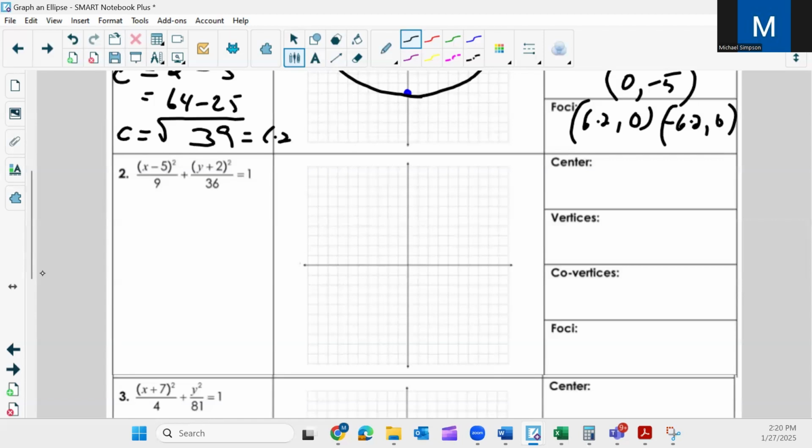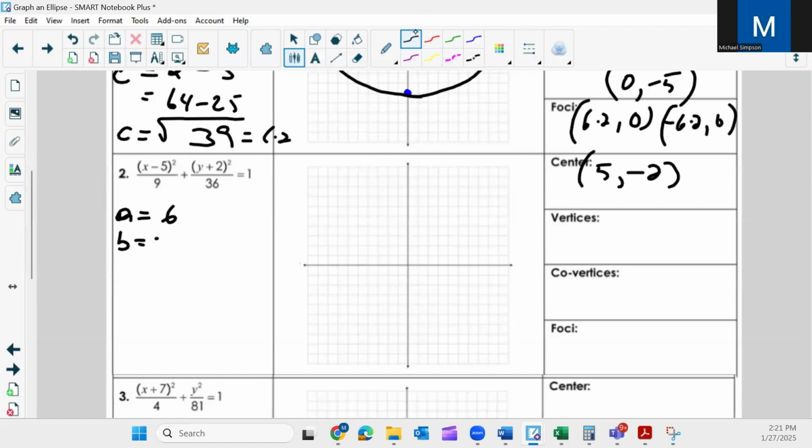Yeah, okay, good. Okay, my center is going to be... Oh, where did you get 6 from? Oh, you know what? Don't even. Good. Okay. My A, what's my A going to be?